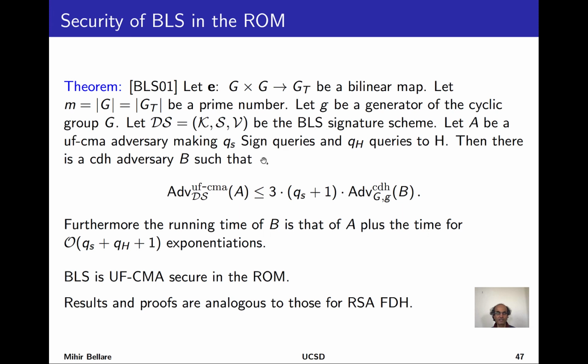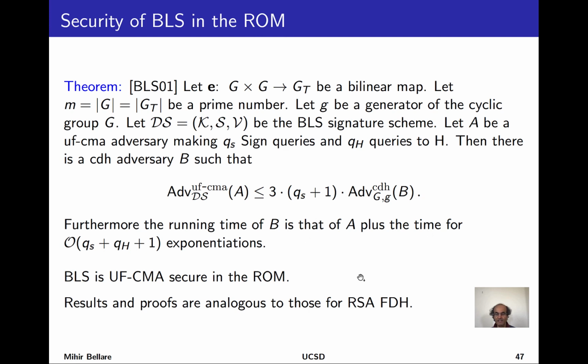We have an adversary trying to violate UF-CMA security, making some number of sign queries and some number of queries to the random oracle. We construct a CDH adversary B such that this holds over here. So here we have the advantage of B, and we do have a multiplying factor saying this could be somewhat bigger, but not too much.